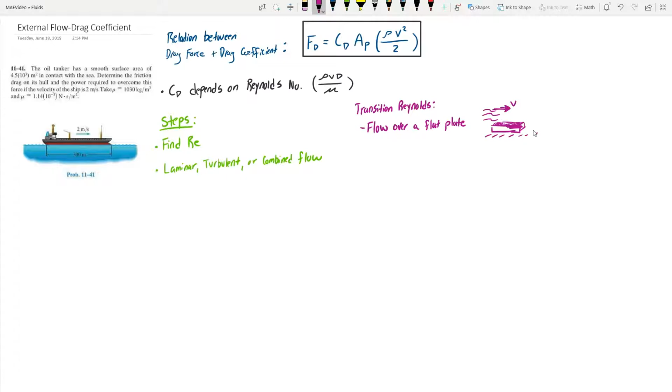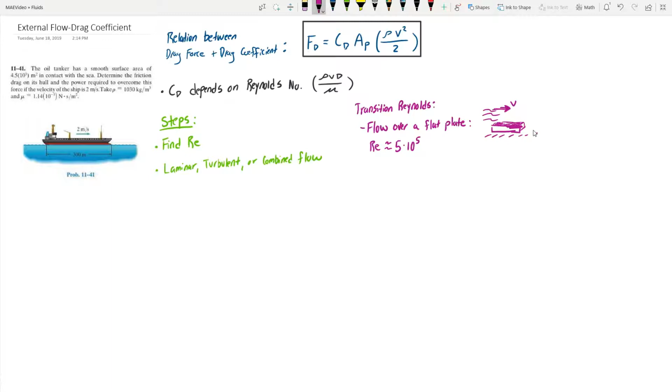So for a flow over a flat plate, as shown, if the Reynolds number is about 5 times 10 to the 5th, if it's greater than this value, then we say that it is turbulent, and if it is below that value, then we say it is laminar.